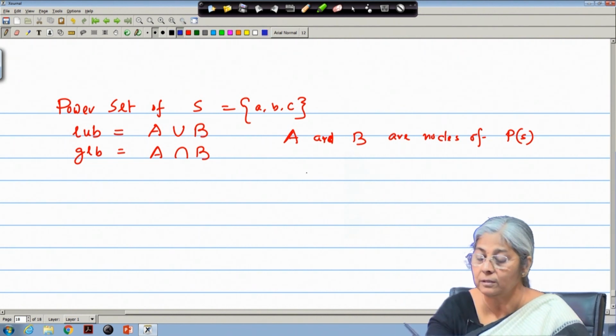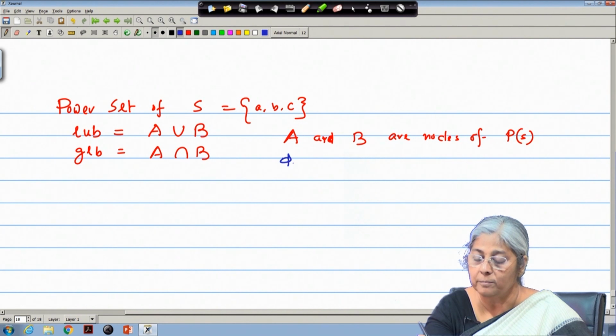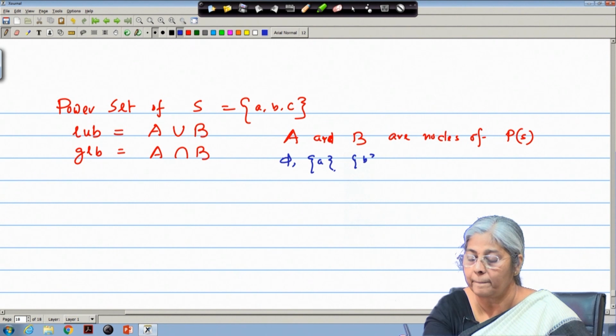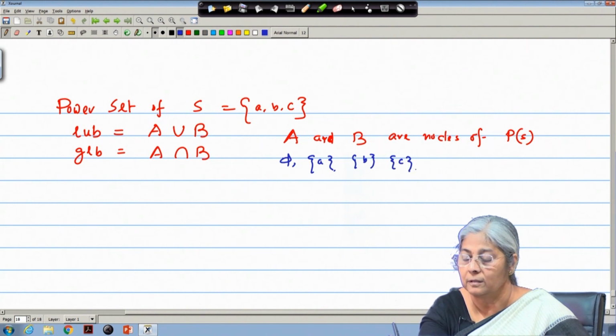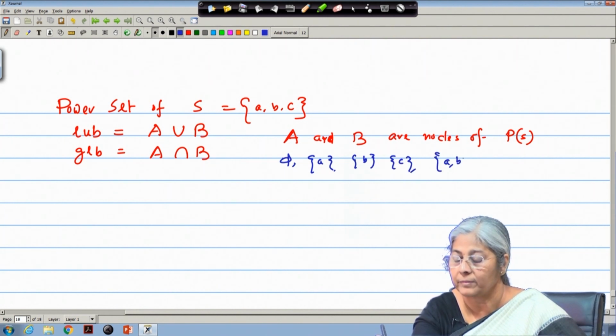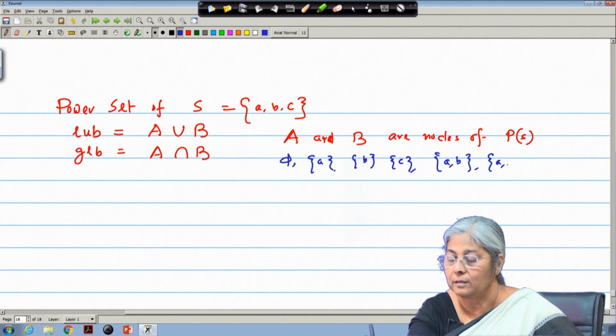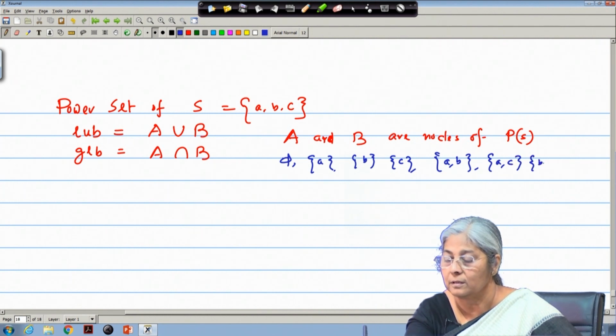And if we remember, the nodes are the empty set, then A, B, C, AB, AC, BC and ABC.